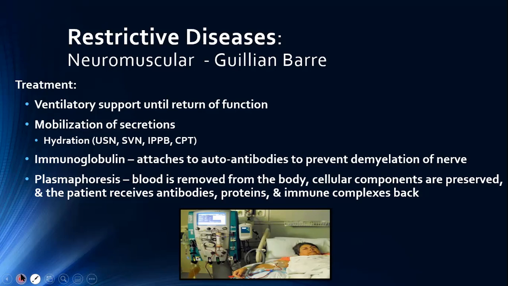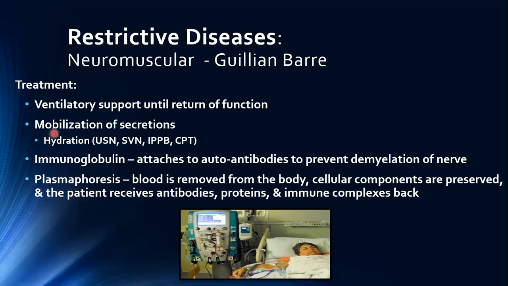So plasmapheresis is really, really close to dialysis, except it doesn't have anything to do with the urine, okay, or the kidney. It just takes the blood out of the body, washes it up real good, puts those immune complexes and antibodies back in, proteins, and gives it back to you to help get rid of those antibodies that are eating away your myelin.